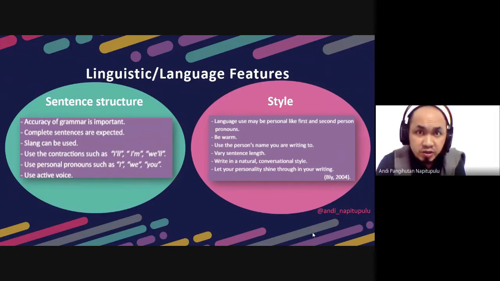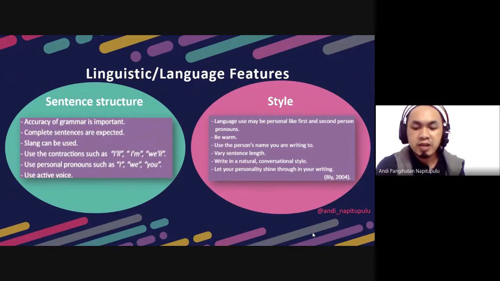Of course, when you write the letter, how do you know to whom you want to send the letter, right? That's ridiculous. Okay, and you need to make the sentence length very natural, and you can use a conversational style. Okay, and let your personality shine through in your writing.